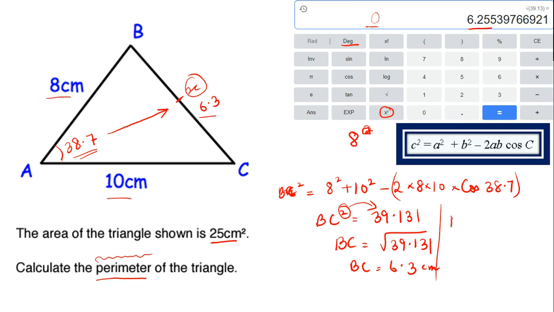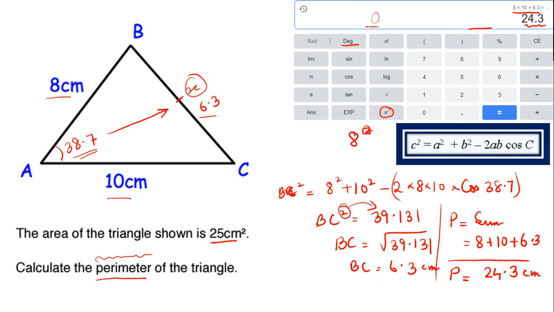For the perimeter, I'm just going to do the sum of all three sides, and that is 8 plus 10 plus 6.3. And once you do that on your calculator, it gives you 24.3. So the perimeter of my triangle is 24.3 centimeters.